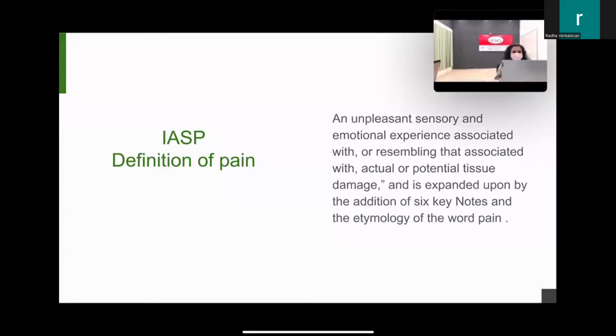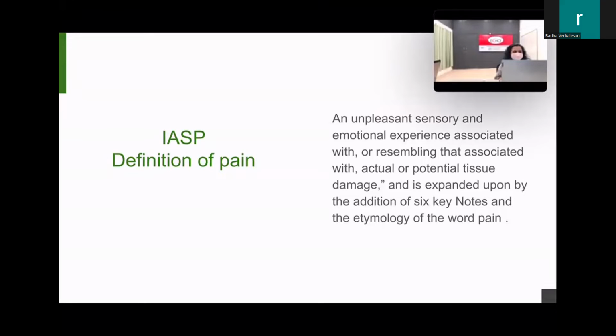First, we'll start off with the definition. The International Association for the Study of Pain had given a definition. But after 1979, even though it's been many years, they slightly redefined or tweaked the definition in July 2020, in which they have added a few important keynote features, which are essential both to understand, assess, and treat pain.